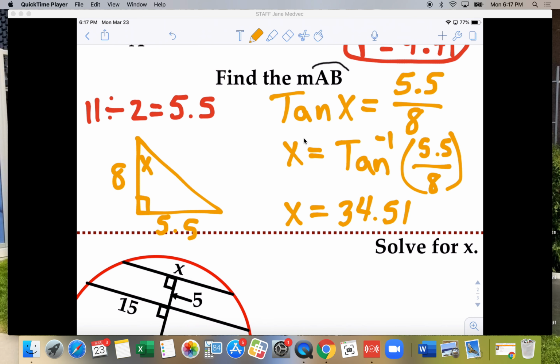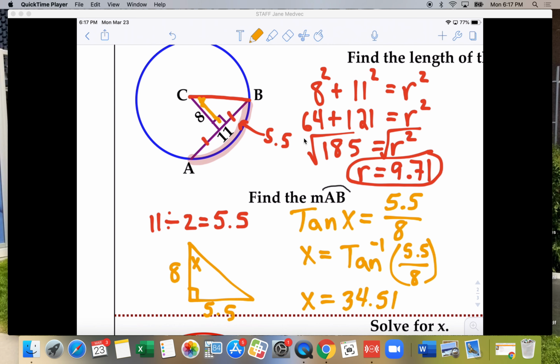Okay, so if I do that, that's this little triangle in here. And that's that angle measure right there. Now, remember, the problem asked me to find arc AB. Well, arc AB would include 2 of those triangles because there's that central angle again.